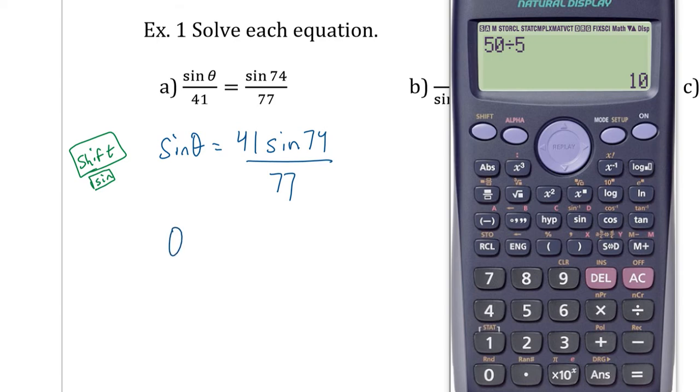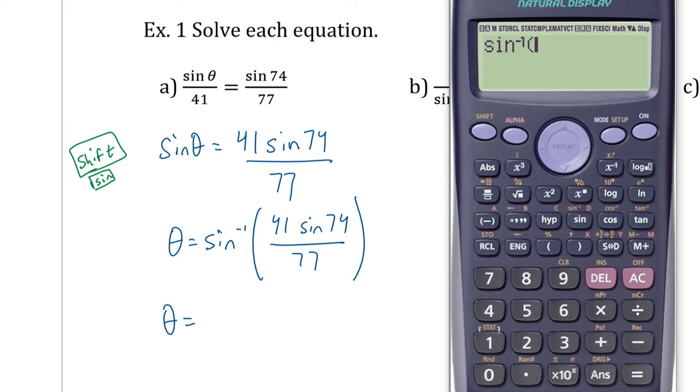And that gives me theta equals, so you might do sine -1 of all of this. That's what it kind of looks like in your calculator, possibly, right? So I'll write this out just for this first one. But normally I'm just going to go shift sine equals.